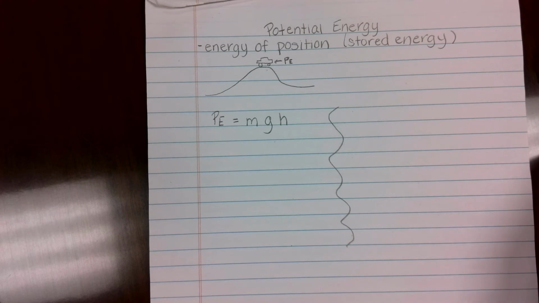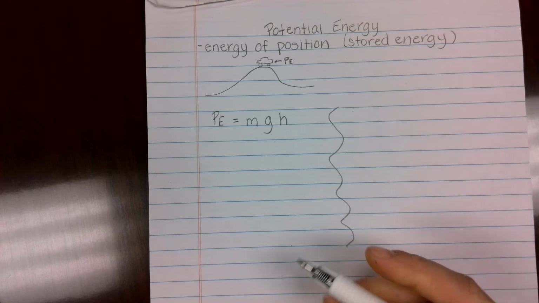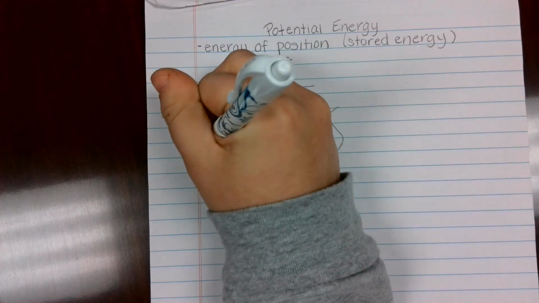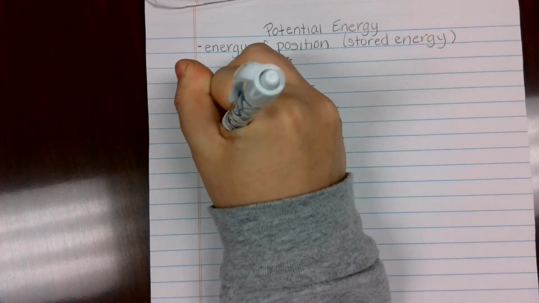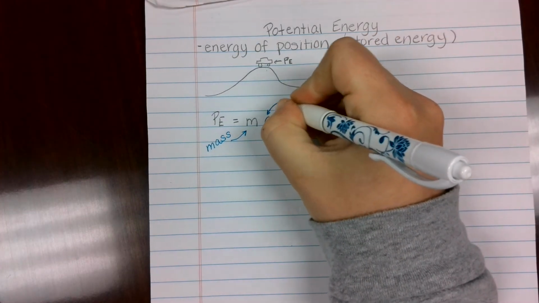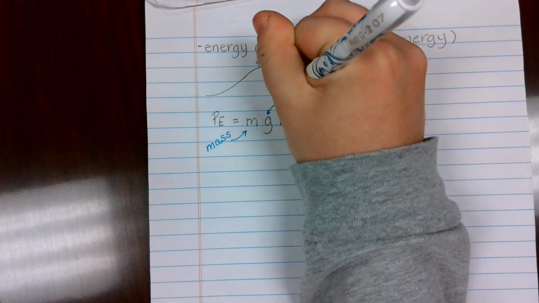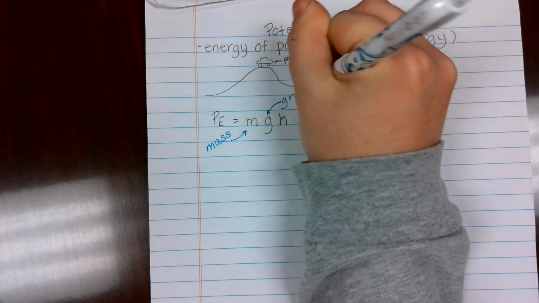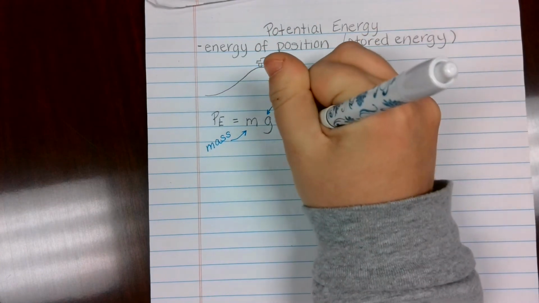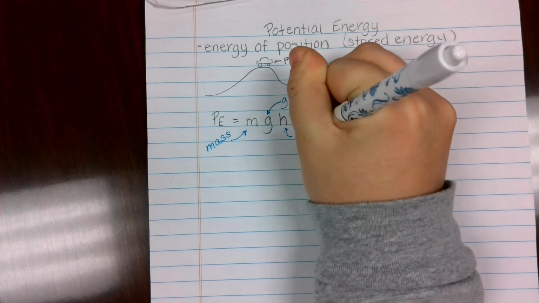Now, I'm going to label what these different letters stand for. My m is equal to my mass. My g is equal to gravity. And my h is equal to height.